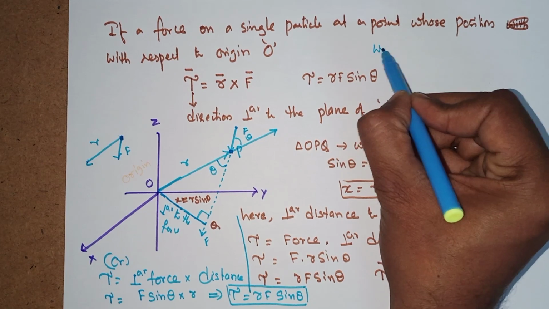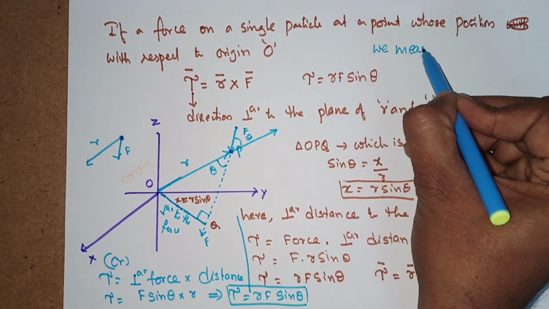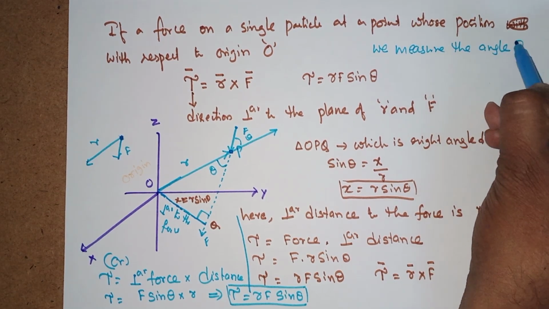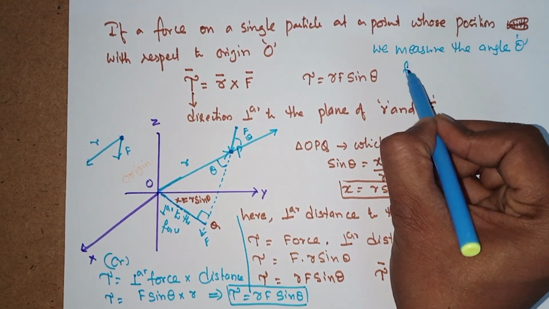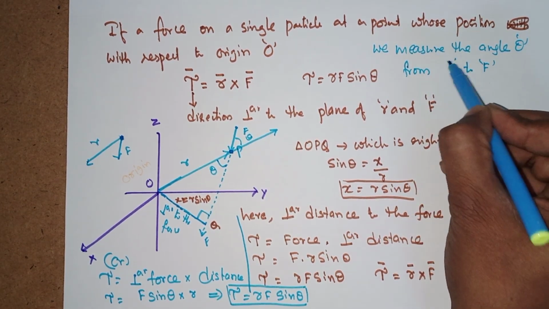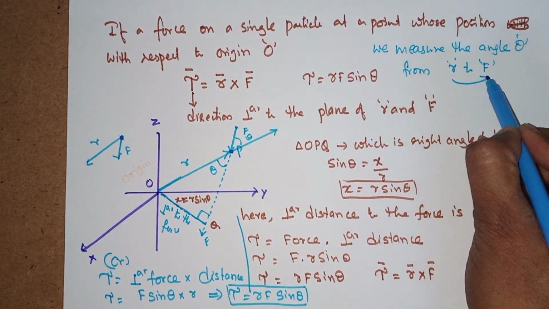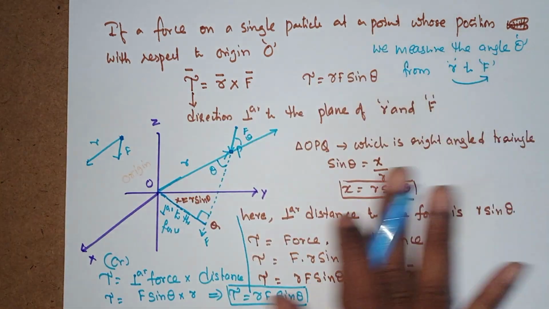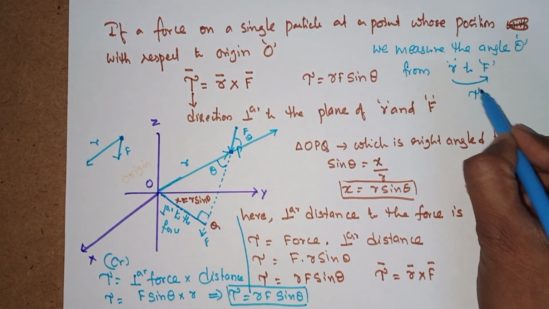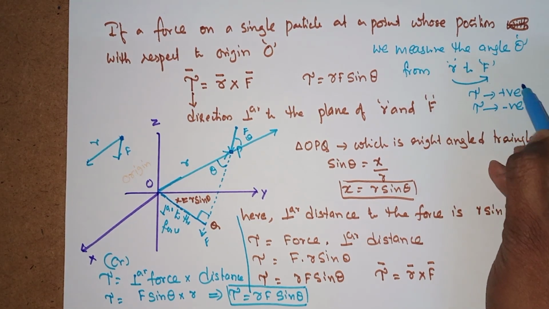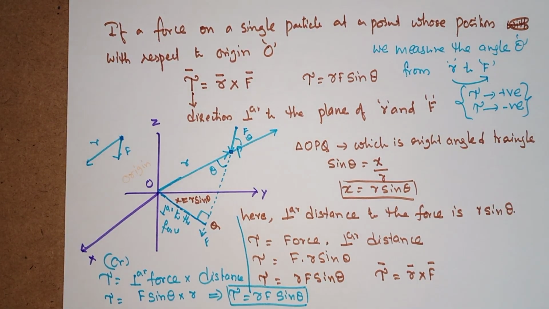We measure the angle theta from r to f. So that decides, again, the torque can be positive, torque can be negative. Based on the problem we will identify it.